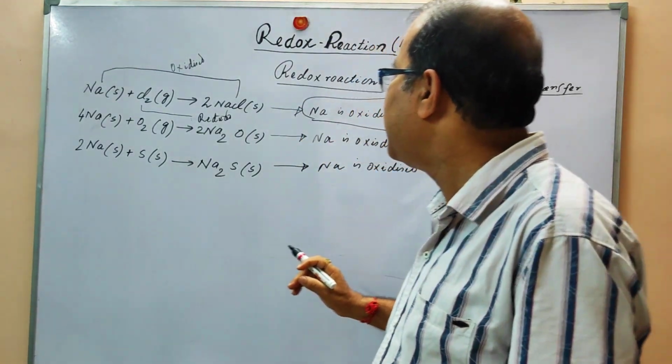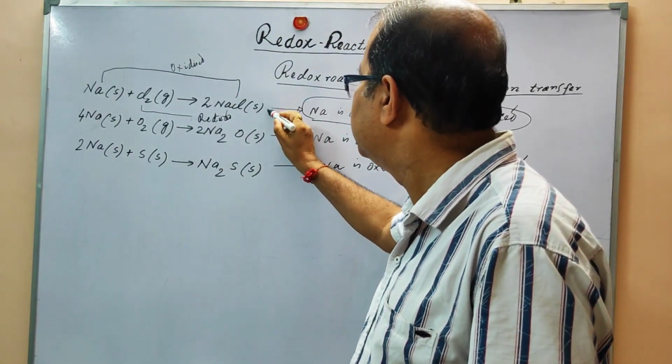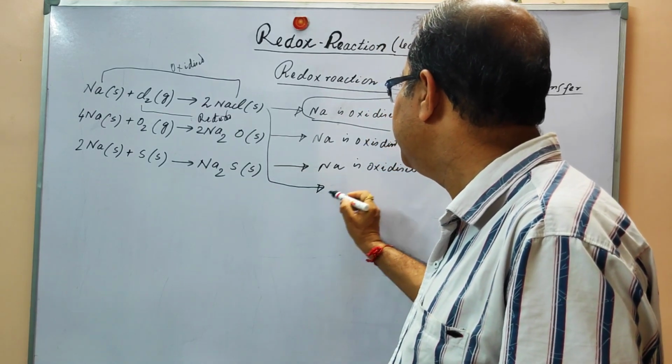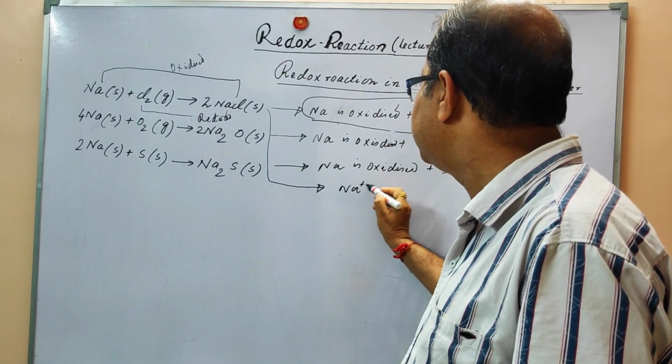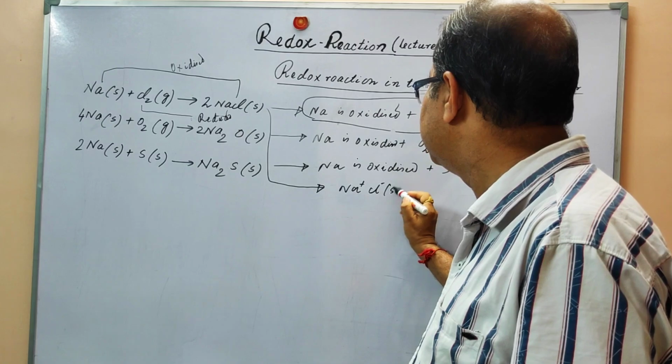So better we write sodium chloride this way, that is Na plus Cl minus.